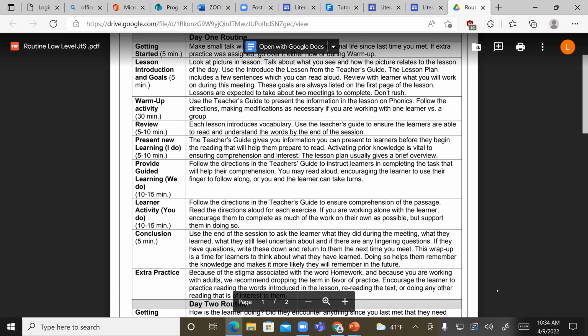Then we're following this I do, we do, you do that the state suggests we use for our lesson plans. It's hard because our lessons don't always fit into these categories. So that's okay. The information is there.